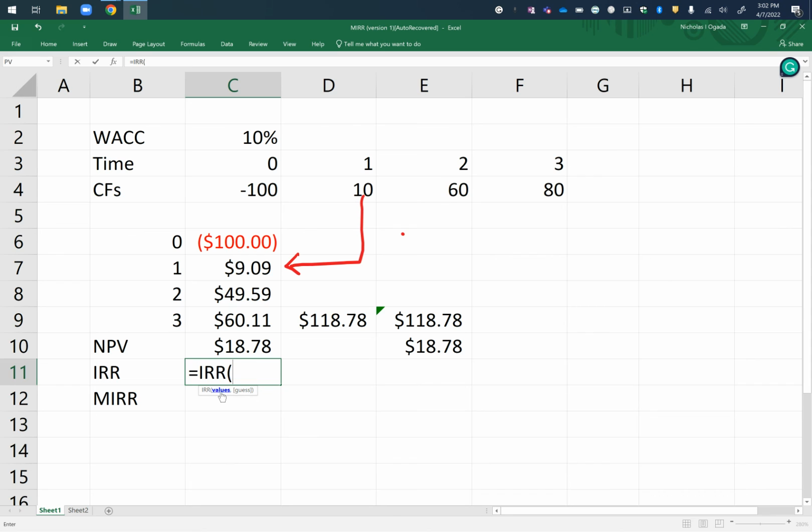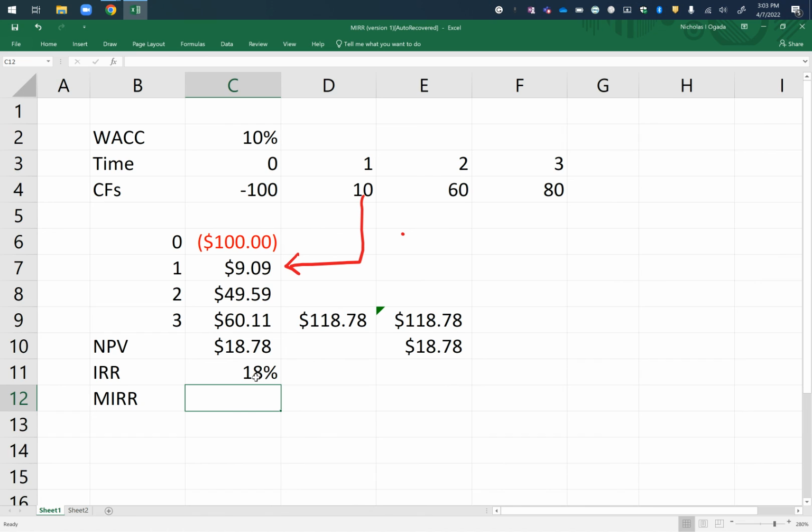I need to select my values, and the values I'm looking at are my cash flows, which are minus 100, 10, 60, and 80. I highlight all my cash flows, close the parentheses and enter. That way Excel can determine the internal rate of return.